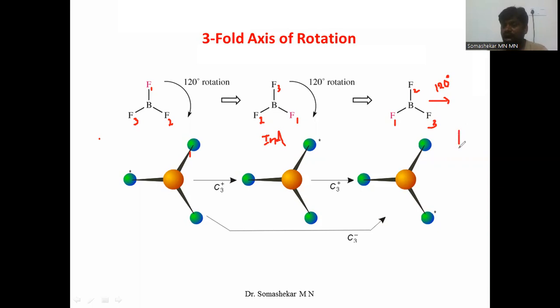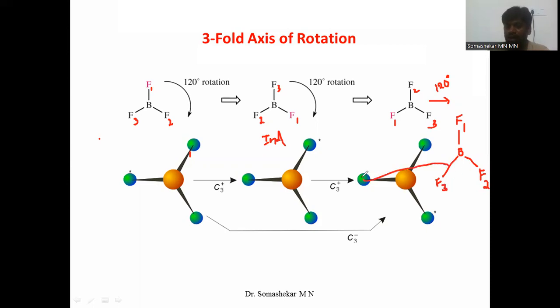Yes, of course, I have a boron atom at the center and there are three fluorine atoms over here, right? Now I am rotating again by 120. If you rotate by 120, this fluorine comes here, F2 comes here, F3 comes here.